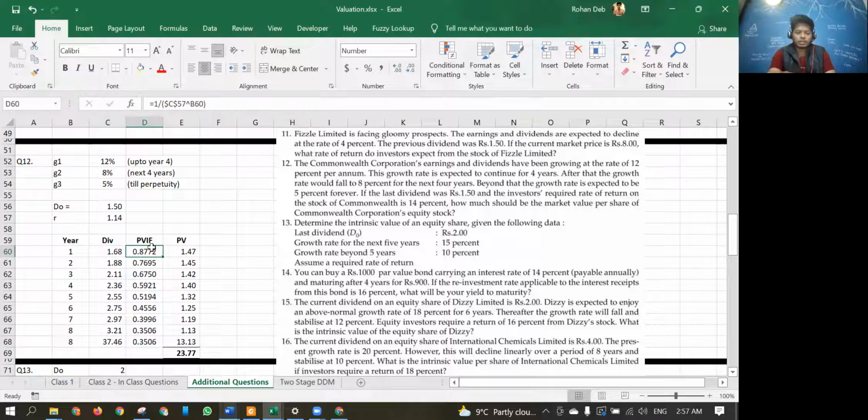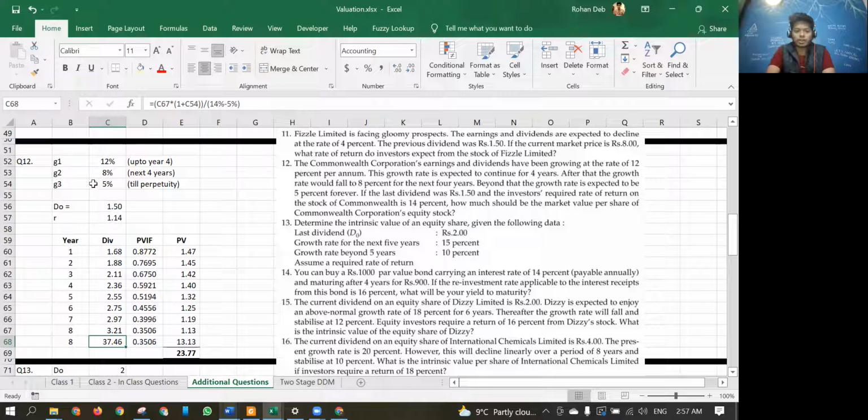This part is the PVIF at 14%, which was given in the question. So I hope this part is clear. You use 3.21 multiplied by the growth rate of 5%. So 3.21 into 1.05, that is the D9, and then D9 divided by 14 minus 5.